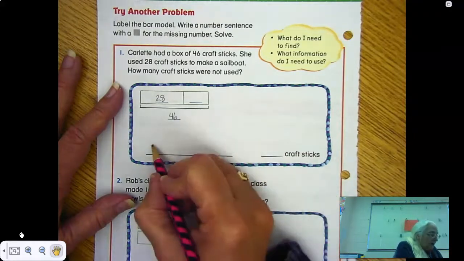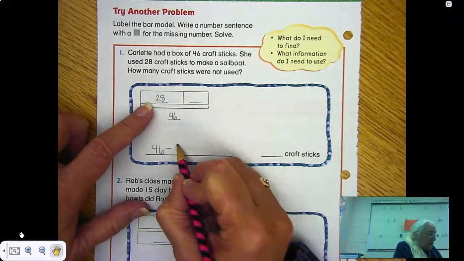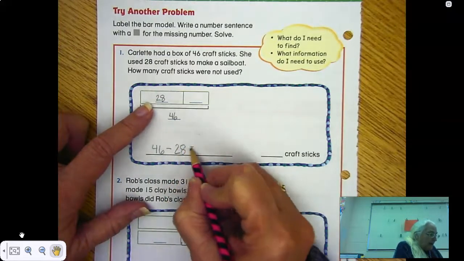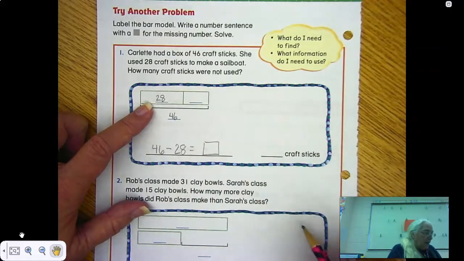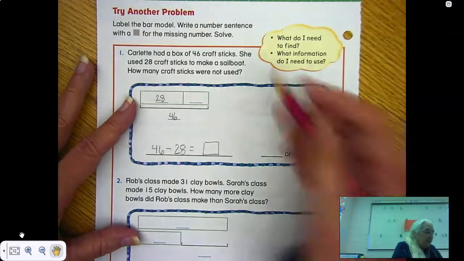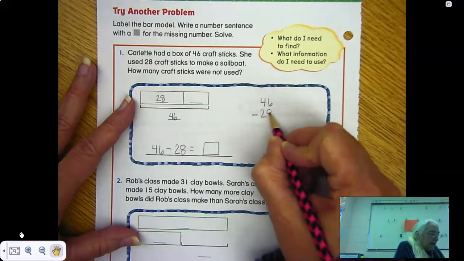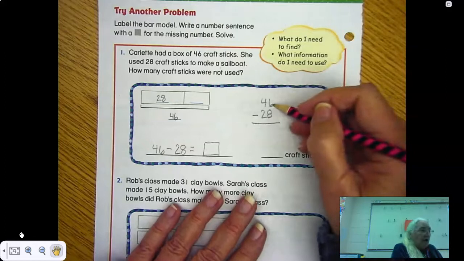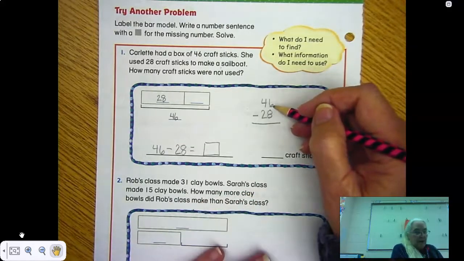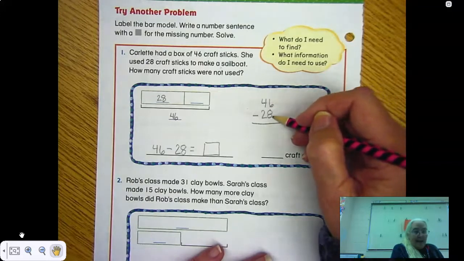So if we started with 46 and we took away 28, that's our unknown number. Can we do that subtraction problem? Sure. Let's go ahead and set it up. 46 take away 28. Starting in the ones column, always starting our subtraction in the ones column. If I have 6, can I take 8 away from it?